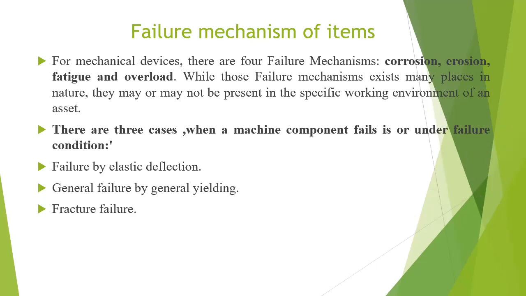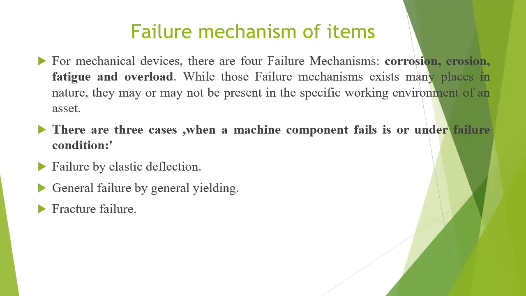So failure mechanism is related to the replacement theory. We replace the machines when they fail. Failure mechanism of items, for mechanical devices, may be fatigue or overload, and that's why we have to replace them. While these failure mechanisms exist in many places in nature, they may or may not be present in the specific working environment of an asset.